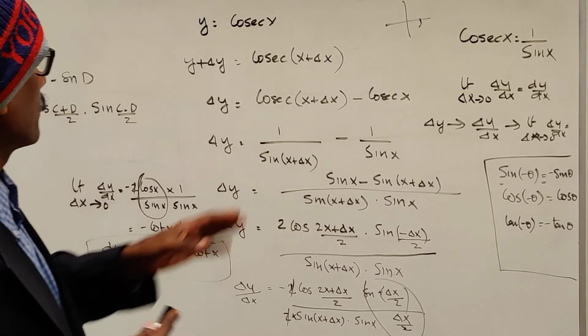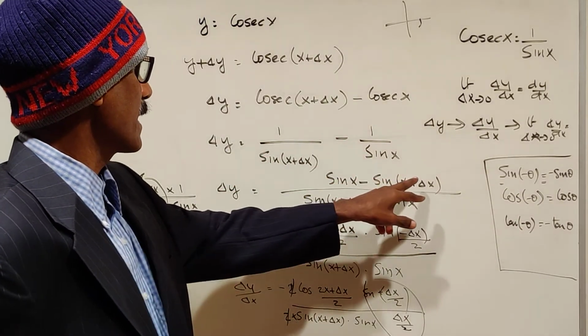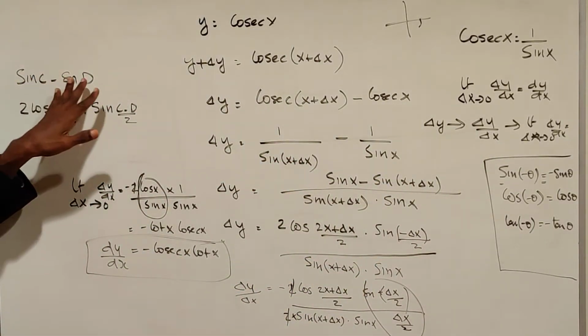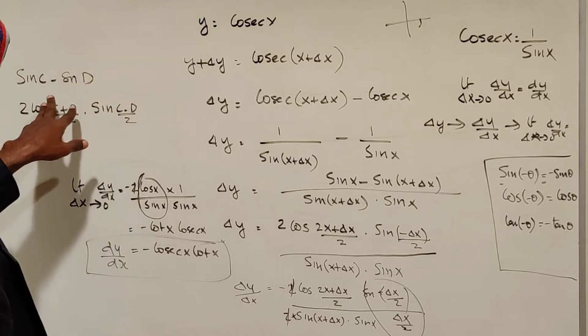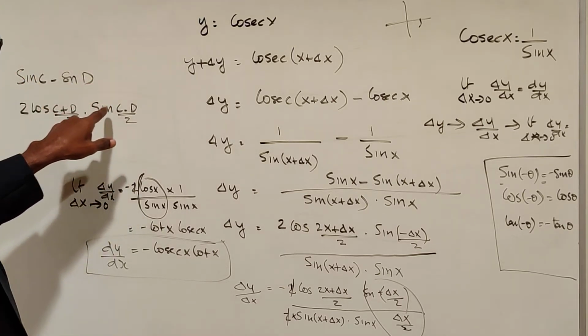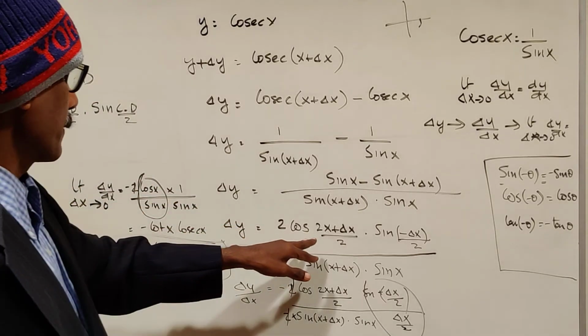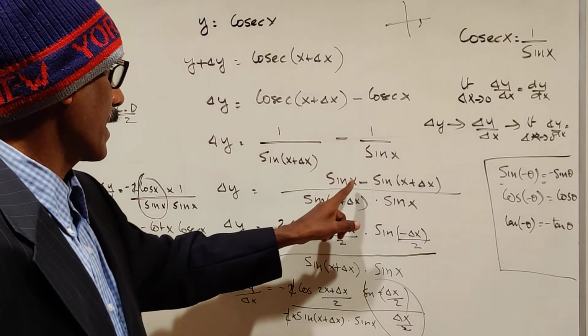See, first one, take the LCM, you get sin x minus sin of x plus delta x. So just apply the formula, sin c minus sin d is 2 cos of c plus d by 2 times sin of c minus d by 2. So when you calculate that, you get 2 cos of 2x plus delta x by 2.